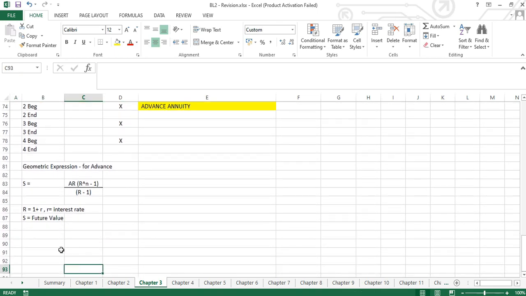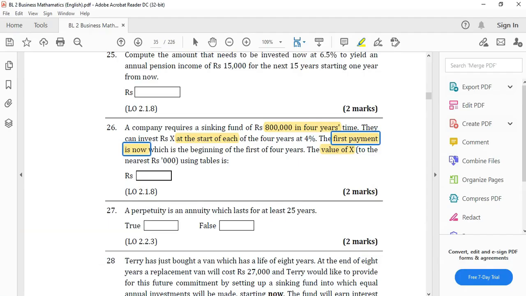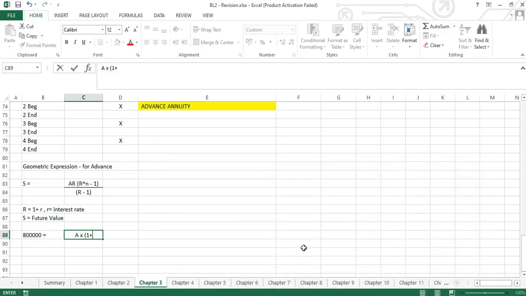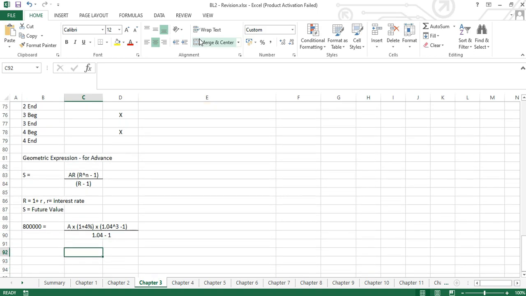Therefore, 800,000 will be equal to the annuity we don't know, multiplied by 1 plus the interest, which is 4% per annum, multiplied by 1.04 to the power 3 minus 1, and this is divided by 1.04 minus 1.